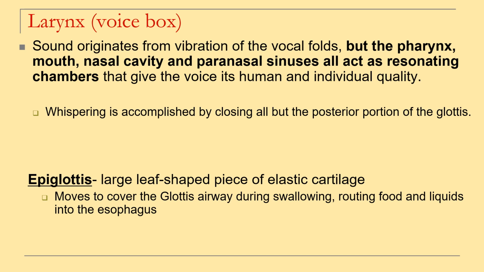Your voice sounds the way it does because of your larynx, specifically because of the resonating chambers that your body possesses. So the main resonating chambers that we want to know for sure: the pharynx, the mouth, the nasal cavity, and the paranasal sinuses all act as the resonating chambers.